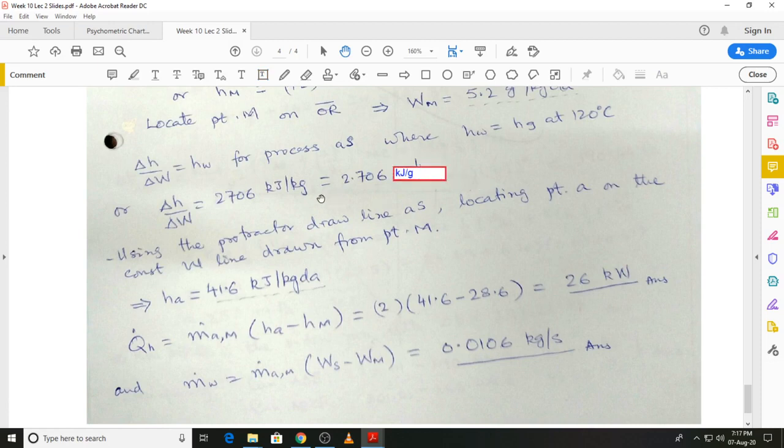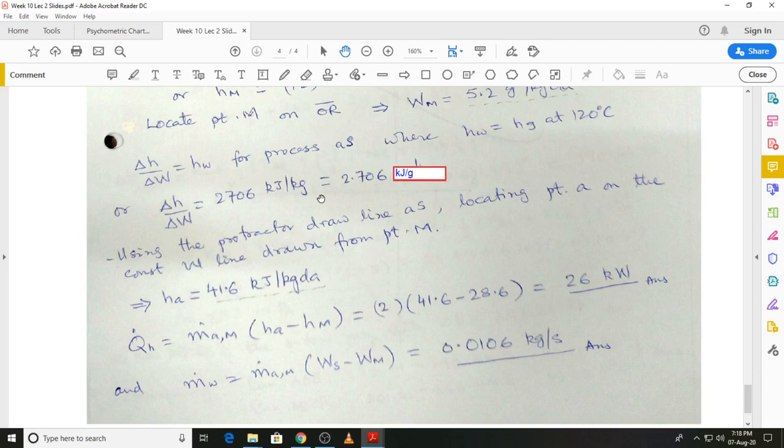And that is the value that we will mark off on the protractor. So you go back to the protractor, and this time use the outer scale with a corresponding value of 2.7. Draw the line over there.